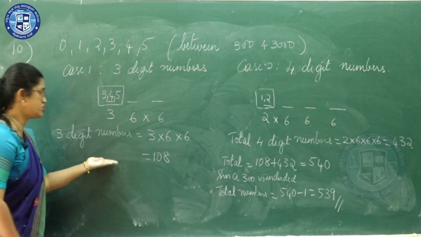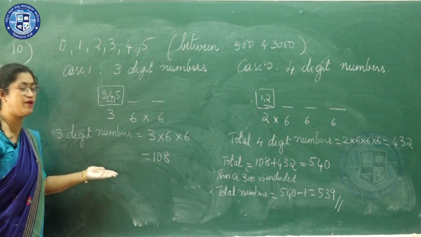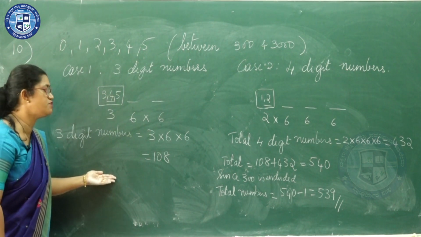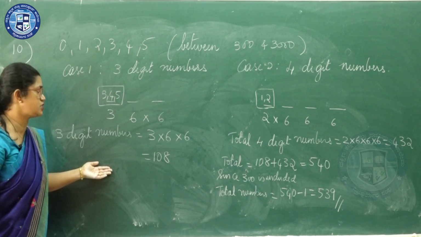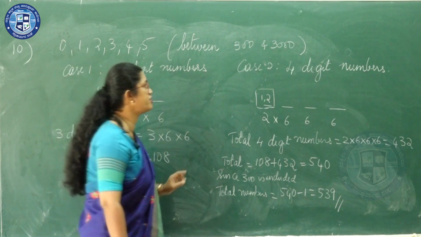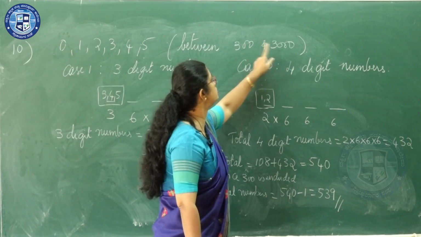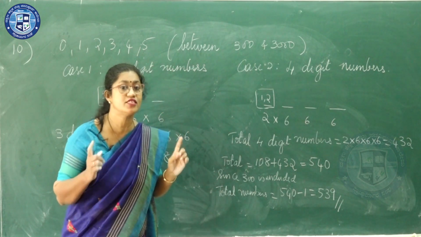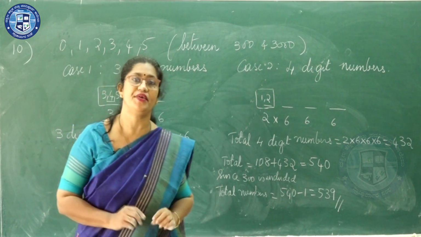You could have also subtracted 1 here itself and made this 107. So that also was possible, but I just kept it for the last for you. So before you conclude, just take care to check whether these two are included or not included, because when it says between, the two end numbers should not be included.